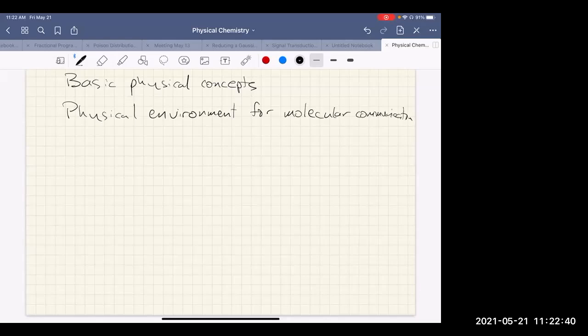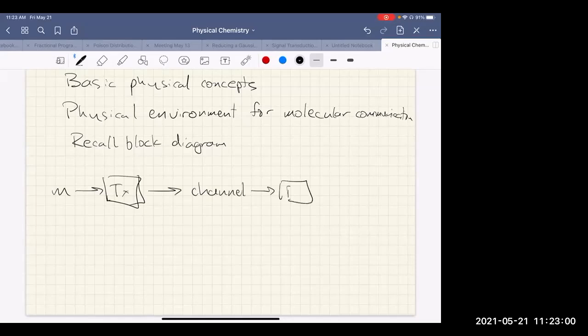So recall the block diagram. We have a message that goes to a transmitter, that goes through a channel, that goes through a receiver, and then an estimated message. Molecular communication is no different.